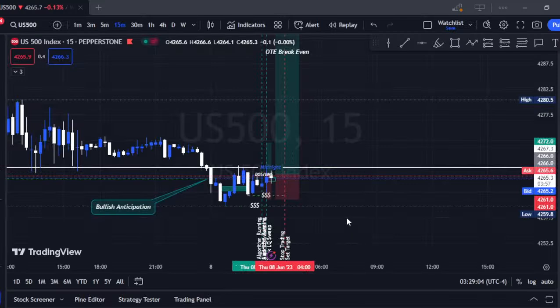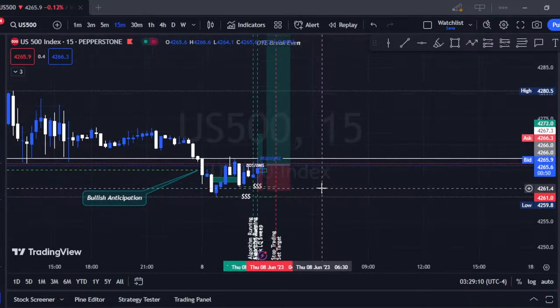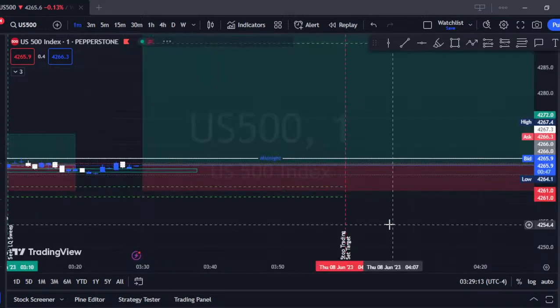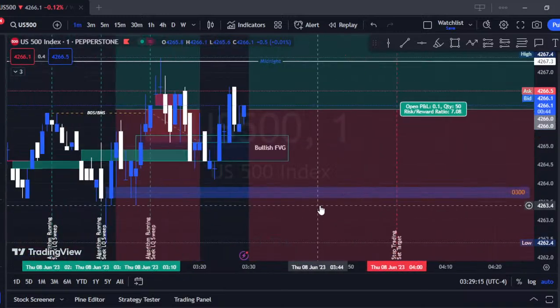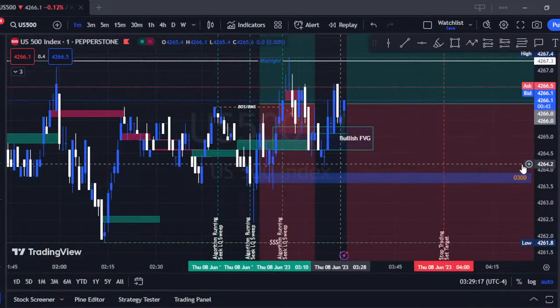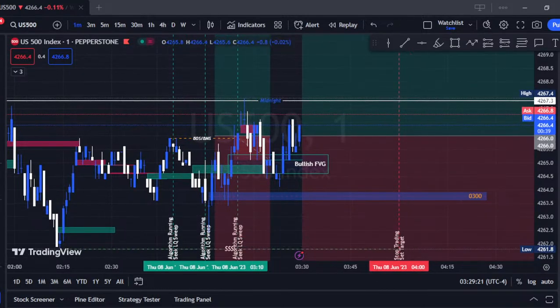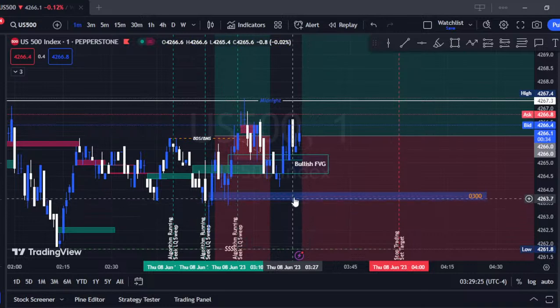I wonder what the price is doing right now. Is it still consolidating? Let me see on the 1 minute. Boom. Okay, it goes back again to my entry zone, which is good to see.